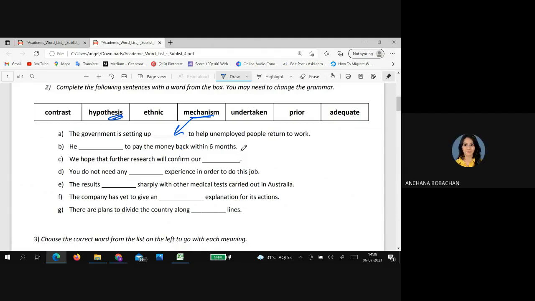Prior. Undertook. Other than undertook, correct. Undertaken, present. He undertook to pay the amount within 6 months.